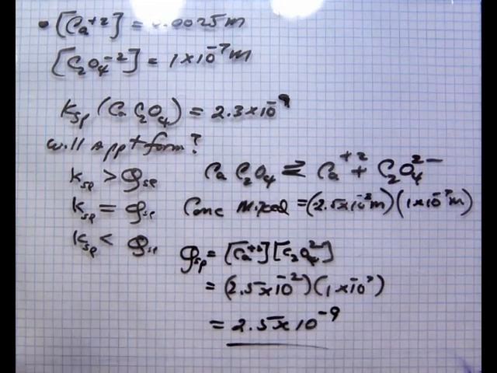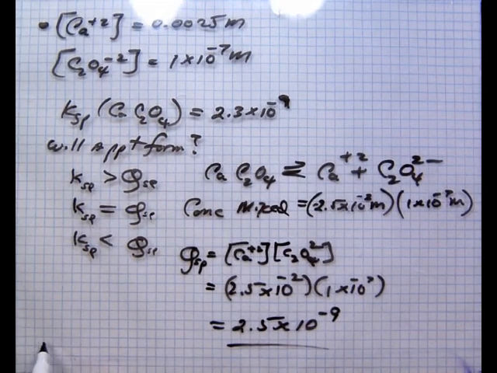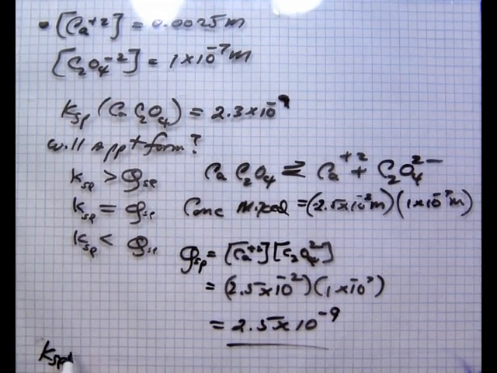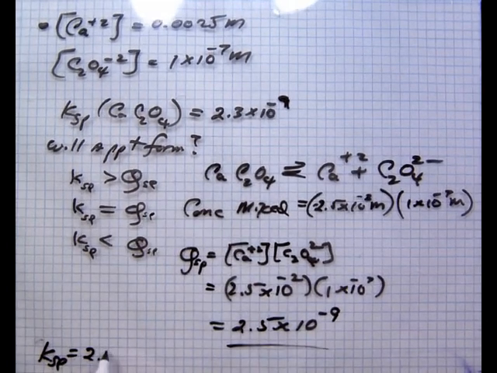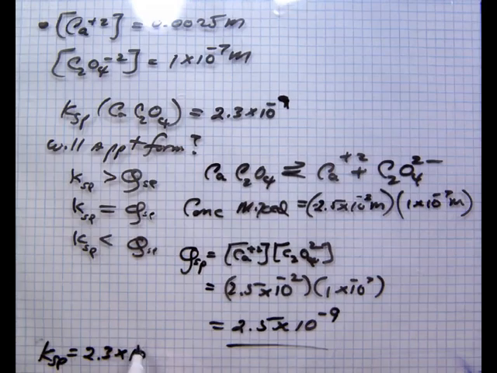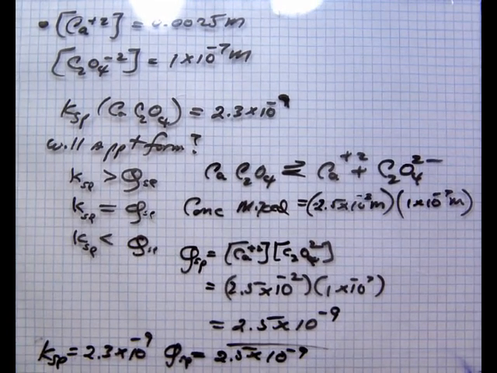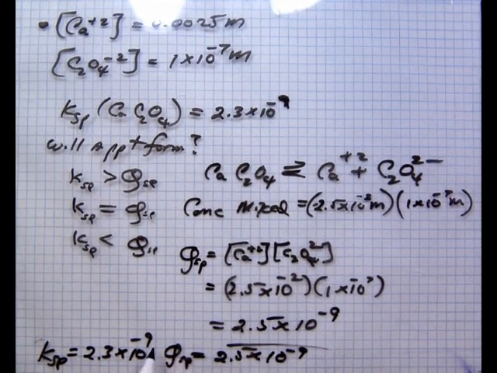I get this number. So when we make our comparison, we have a Q equal to 2.5 times 10 to the minus 10 against a Ksp equal to 2.3 times 10 to the minus 9, and we see that the Q is greater than the Ksp.